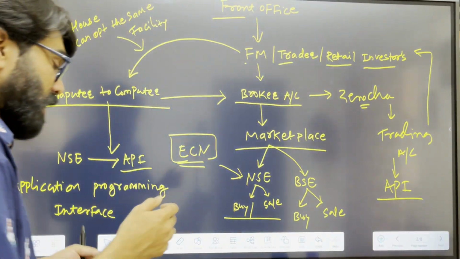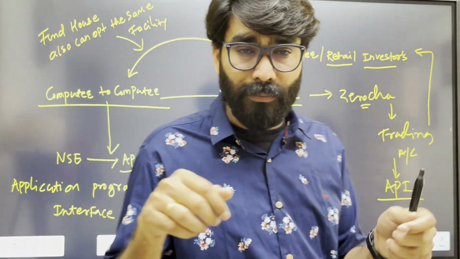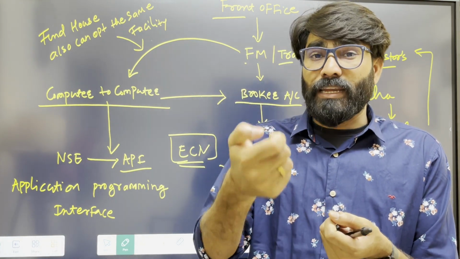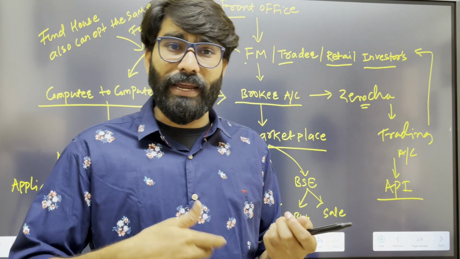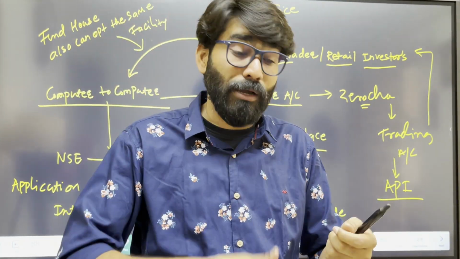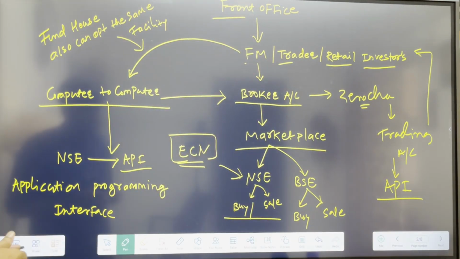Web-based applications, and that's what you can check. Go and check, open the account. I'll send you the link in the description. Open the trading account, and you will access the NSE and BSE volume system directly, where you can check how many orders are on the buy side or sell side, and accordingly you can place your orders as well, if you want to buy and sell the securities, right?